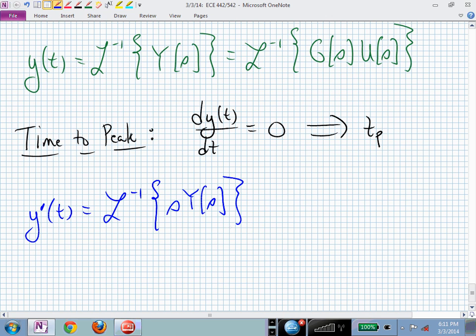we could find by s Y of s, an inverse Laplace transform. But we already have s there. G of s, I'm going to mix my two notations here.